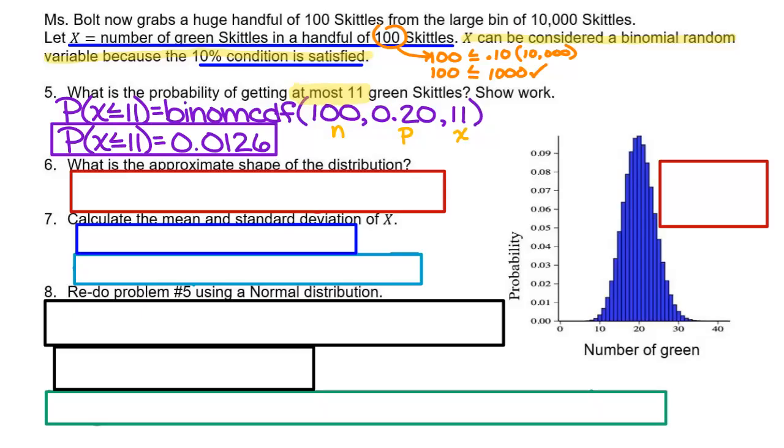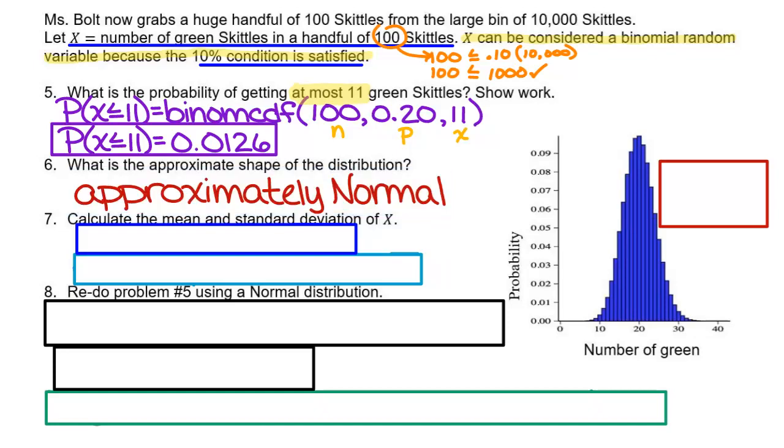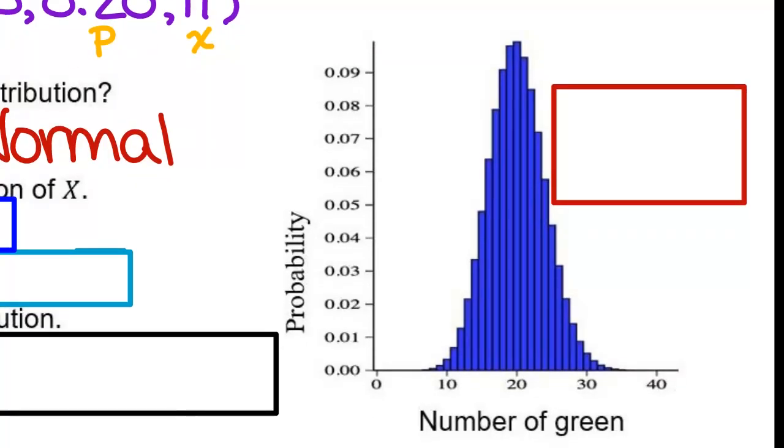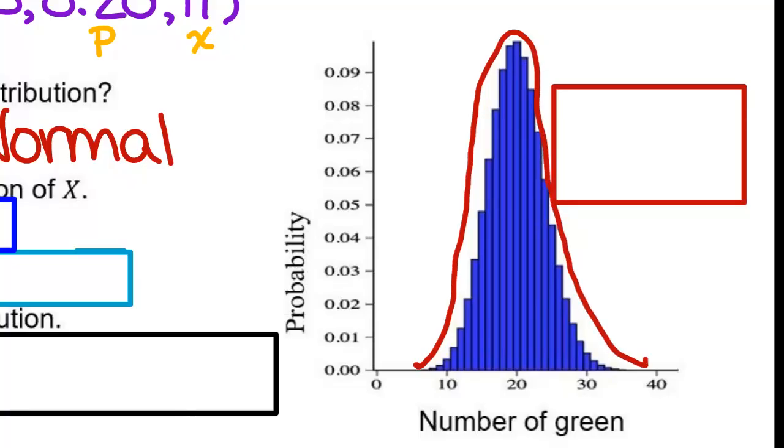What is the approximate shape of this distribution? It looks like it is approximately normal. We've got this bell shape to it.